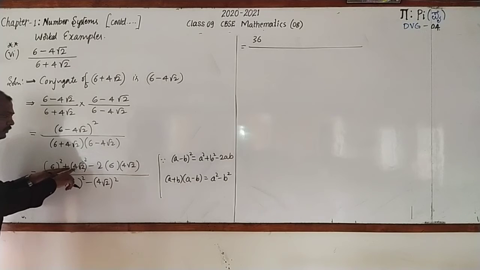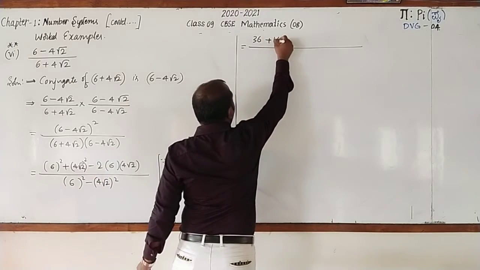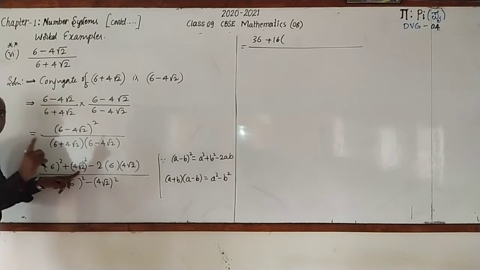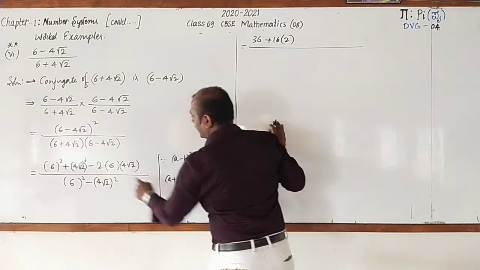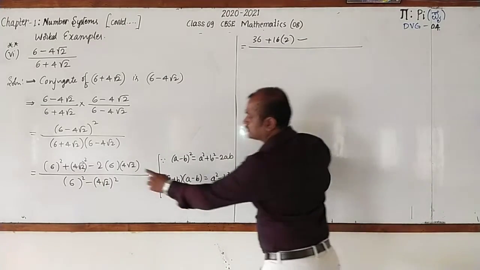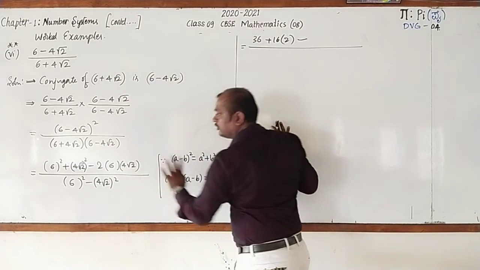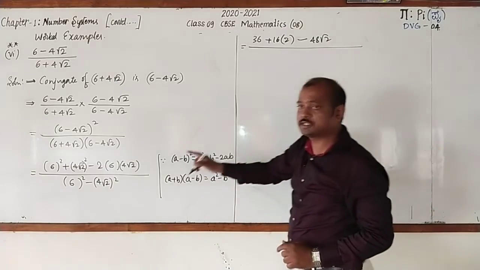Or if not, I will write it separately. What is 4 square? 16. Into, see that, 4 into root 2 whole square. 4 square 16, root 2 whole square just 2. 2 minus, now see that, 2 6s are 12, 12 4s are 48. 48 into root 2. You can just check it.